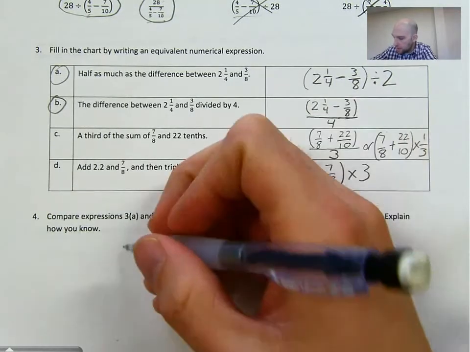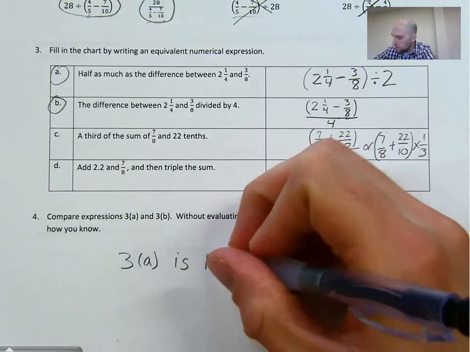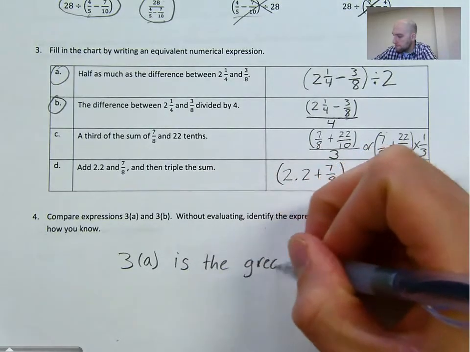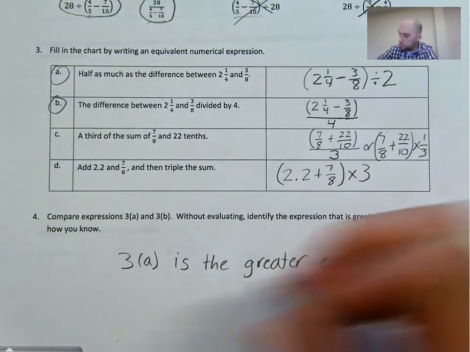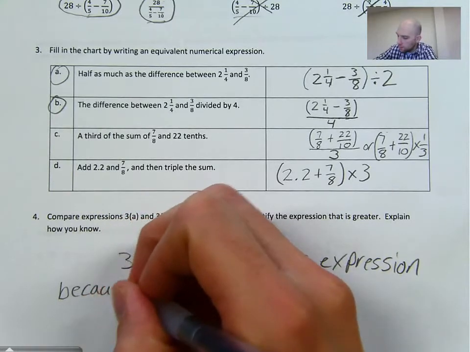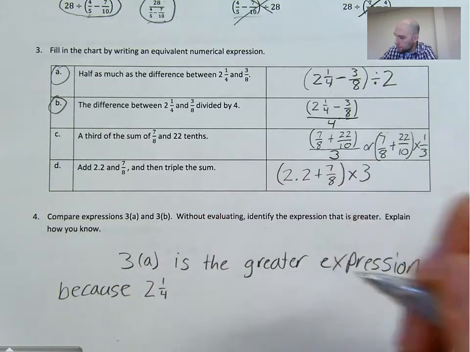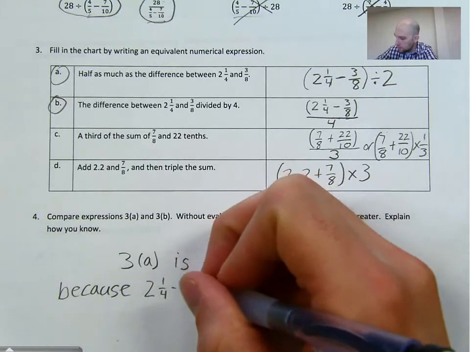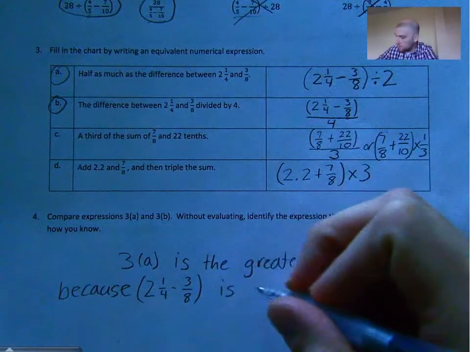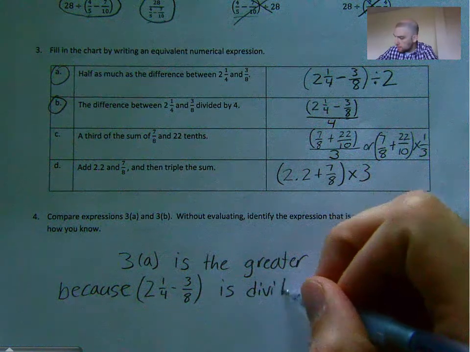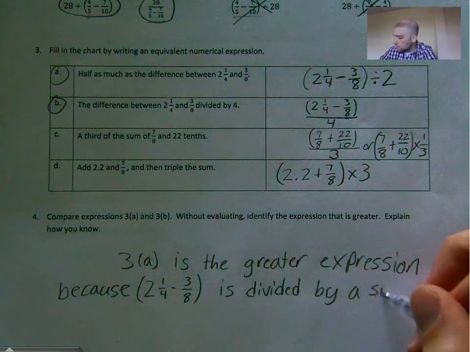So 3a is the greater expression, because 2 1/4 minus 3/8 is divided by a smaller number.